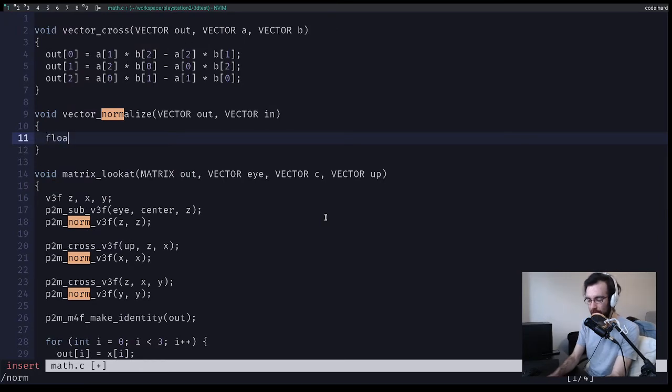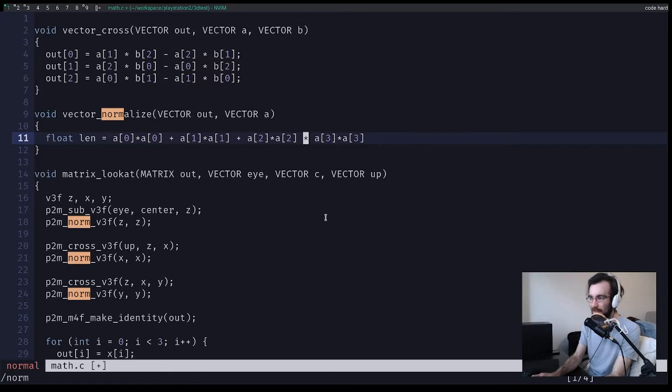So float len equals... let's call this A because it's going to be one less character to type. A0 times A0 plus A1 times A1 plus A2 times A2 plus A3 times A3.